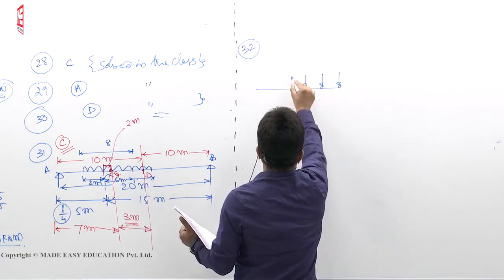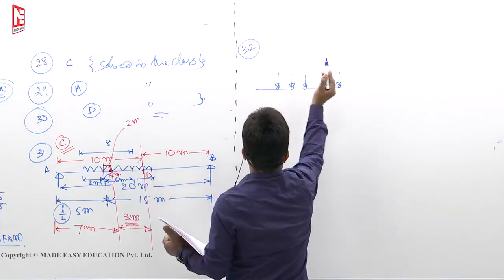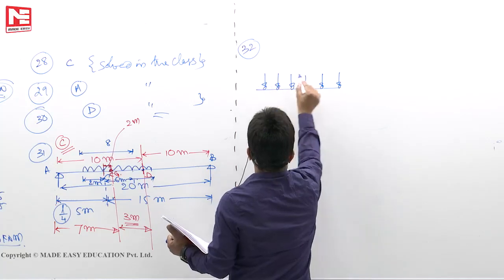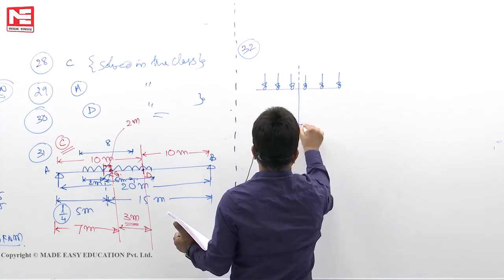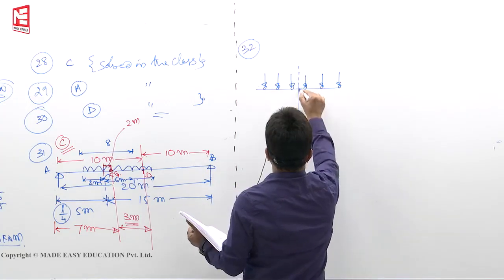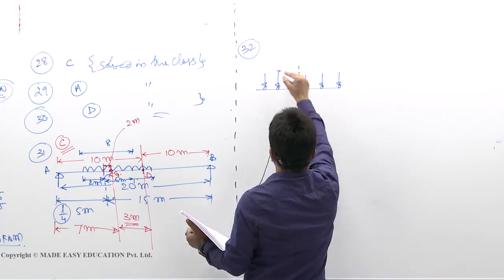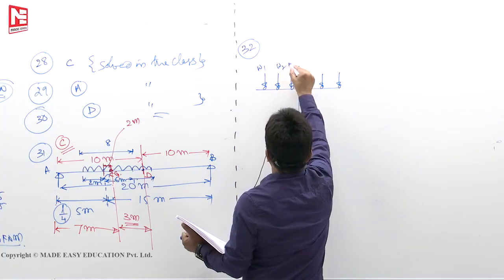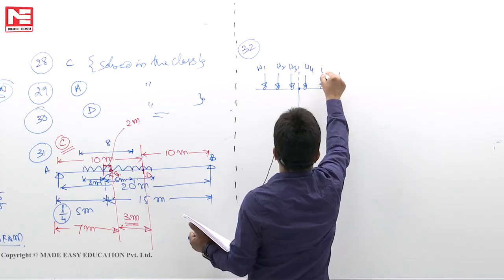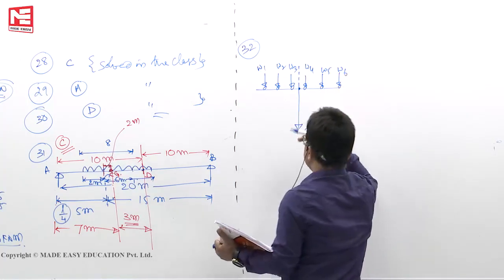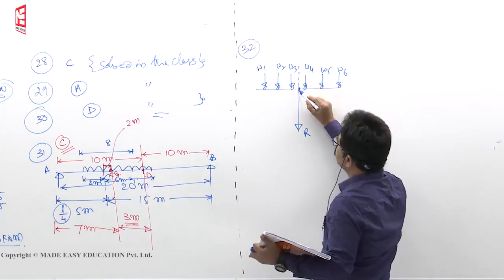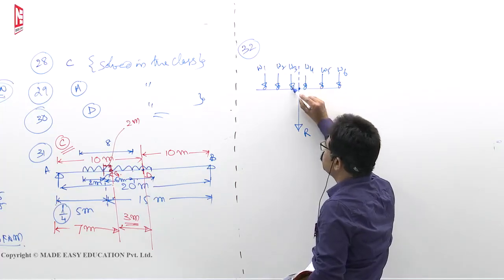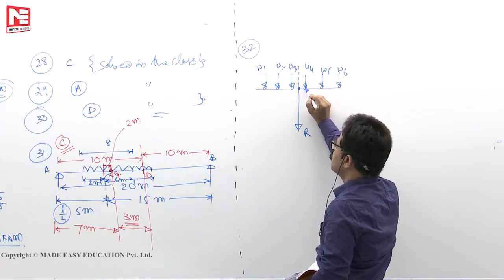Some loading were there like this, say. Suppose CG is somewhere here, resultant is acting like this. CG of the load system, W1, W2, W3, 4, 5, 6. Maximum bend moment occurs if the resultant is nearer to this load or this load, say.